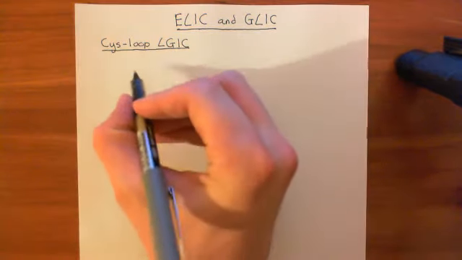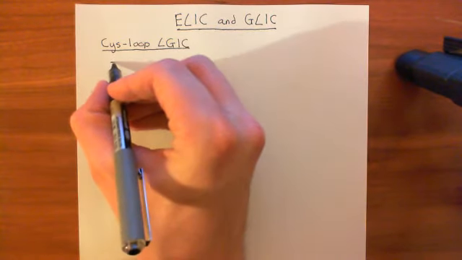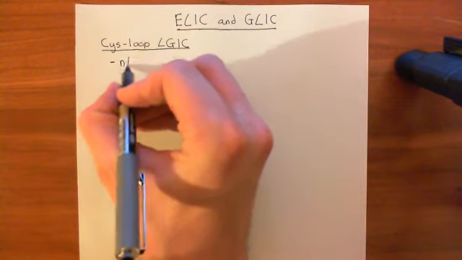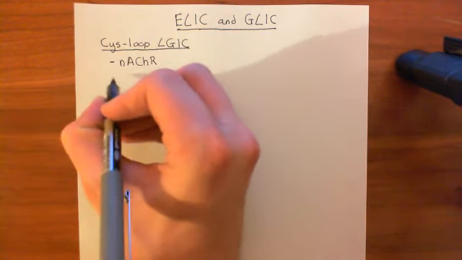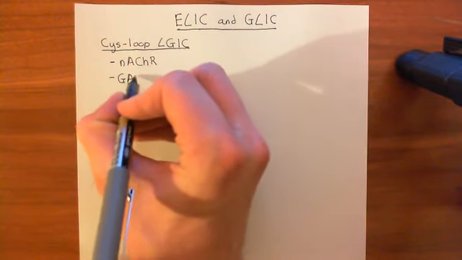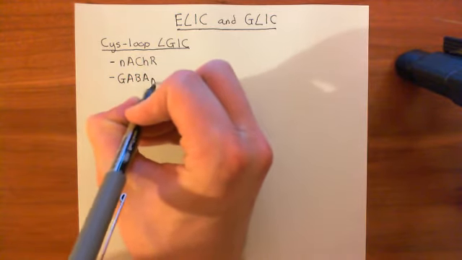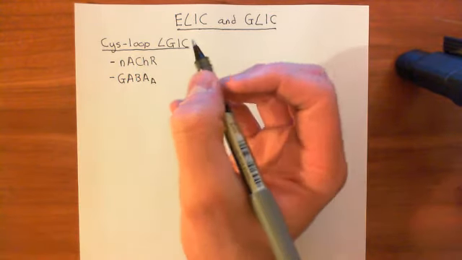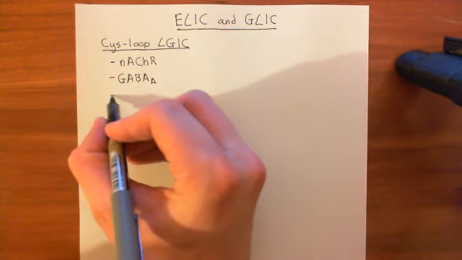So, examples of cis-loop ligand-gated ion channels, the key examples in humans, are the nicotinic acetylcholine receptors, okay, the GABA receptors, which are the form of GABA receptors which are ligand-gated ion channels. The GABA B receptors are G protein coupled. GABA is the major inhibitory neurotransmitter in the brain.